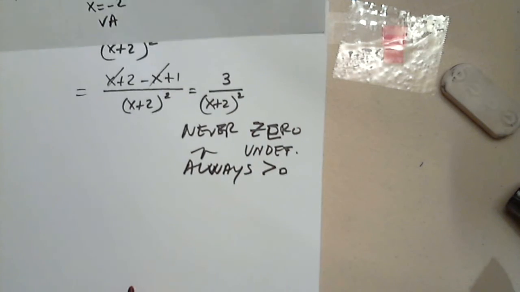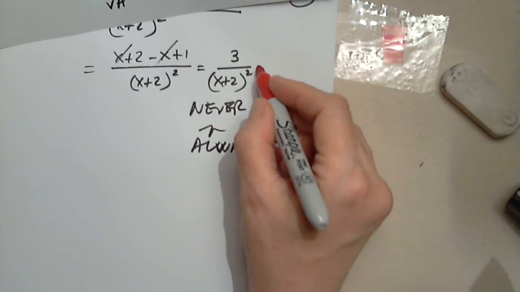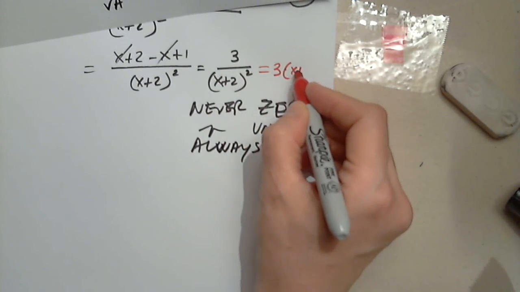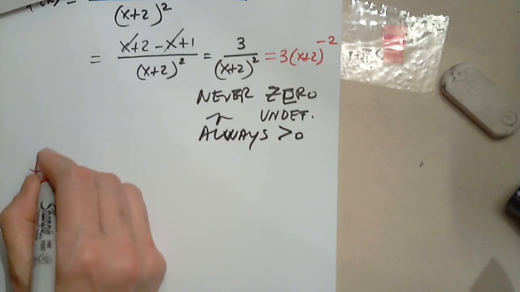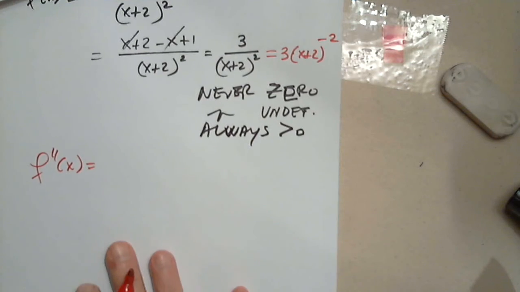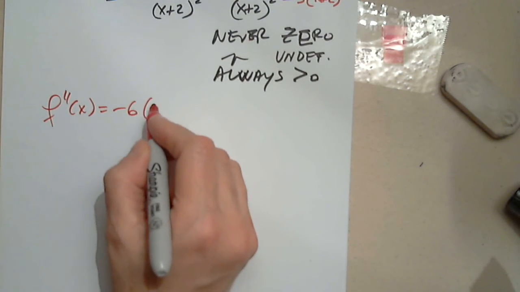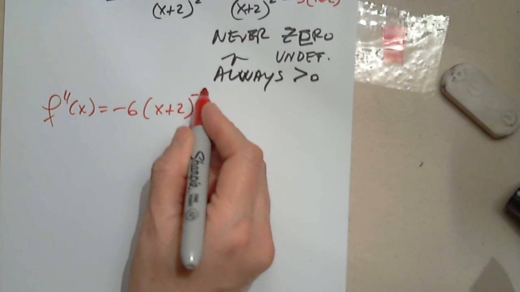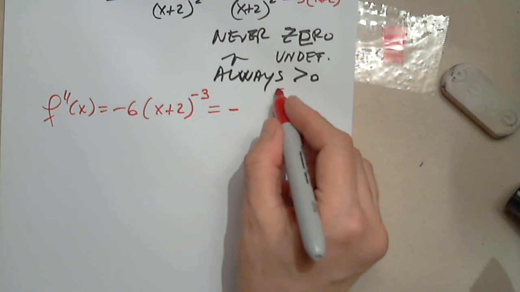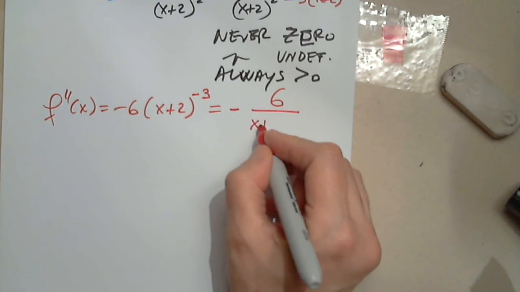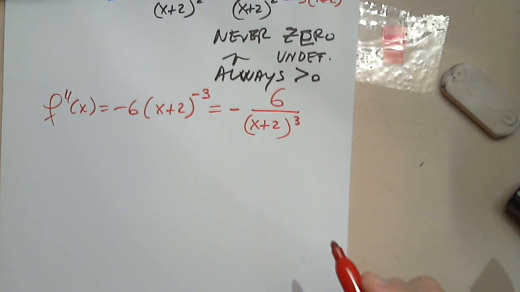Final step, the second derivative. I'm going to differentiate this to get the second derivative. Negative 6, x plus 2 to the negative 3, times the inner function prime, which is 1. Negative 6 over x plus 2 cubed.